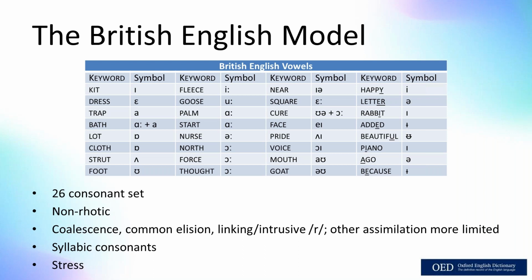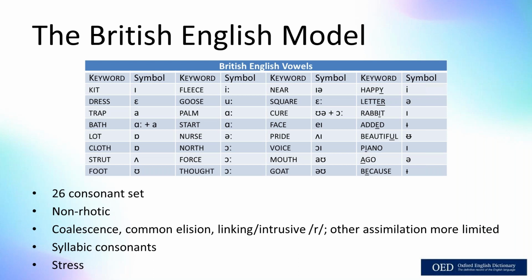Now, this difference between linking and intrusive R means that, for example, pawing, if it's spelt P-A-W-I-N-G, so to scrape at something with your paws, has a bracketed R, but pouring spelt P-O-U-R-I-N-G has an unbracketed R.